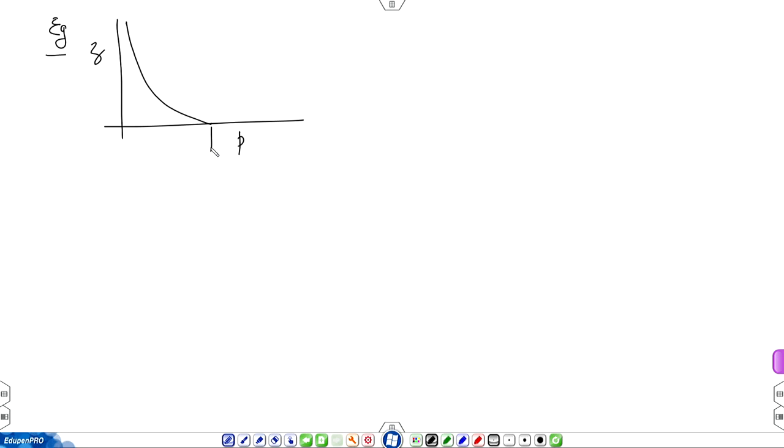Atmospheric pressure. Okay. How much is atmospheric pressure? Roughly some 1.01 bar or something, right? 1.0135 bar or something. 1 bar is 10 raised to 5 Newton per meter square.